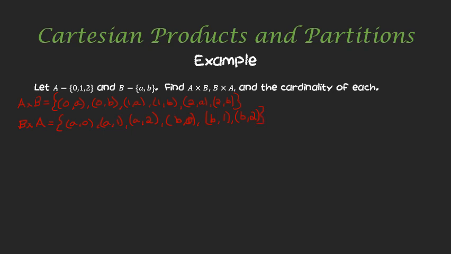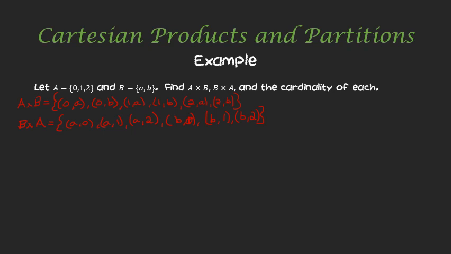Remember that for the ordered pairs themselves, you can't change the order and get the same thing. But for the set itself, I could list the individual pairs however I want, while the ordered pairs themselves have to stay the same. No matter how I list B cross A, I should see the same ordered pairs in it, and that should respect the order.